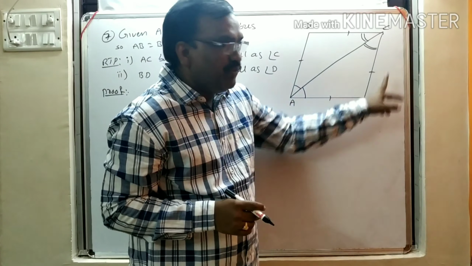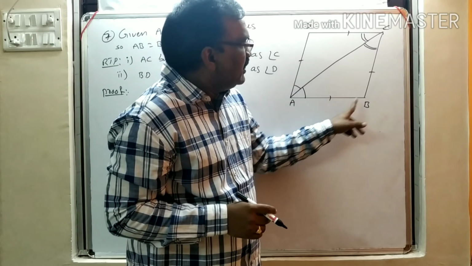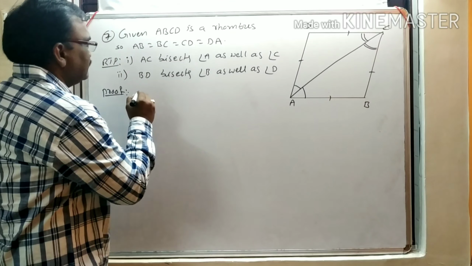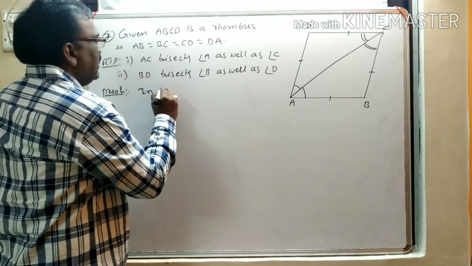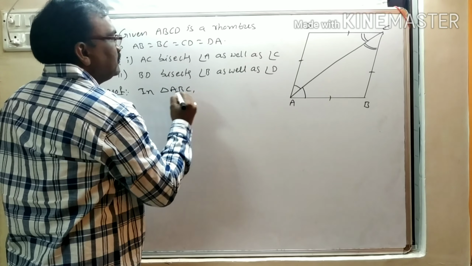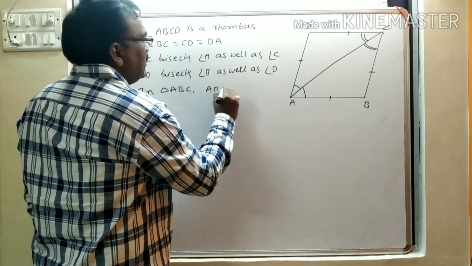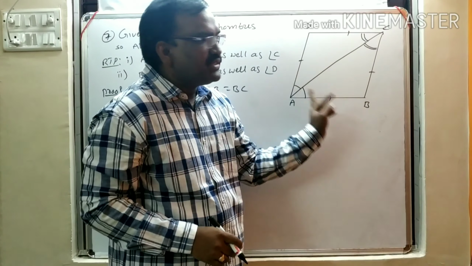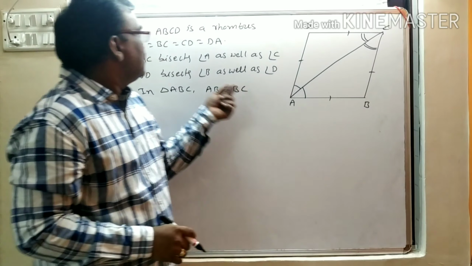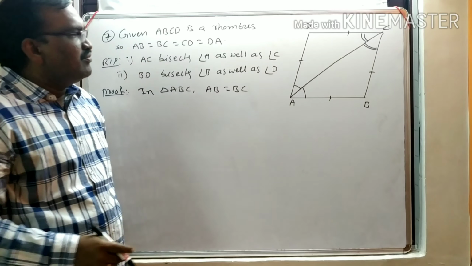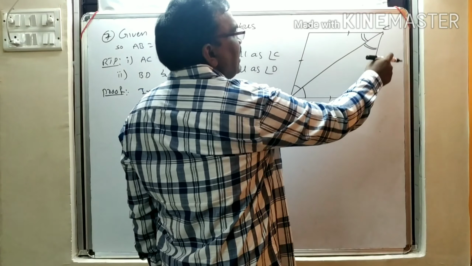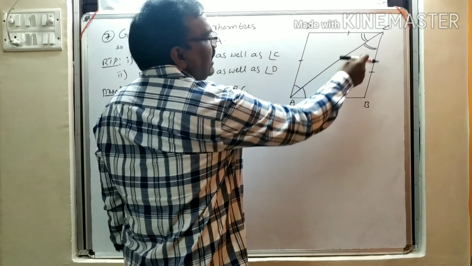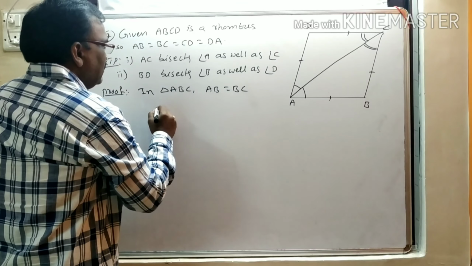Observe the triangle ABC. In triangle ABC, AB is equal to BC. Why? Already given, all sides equal in rhombus. So equal sides, opposite angles also equal. What is AB opposite angle? Angle ACB.